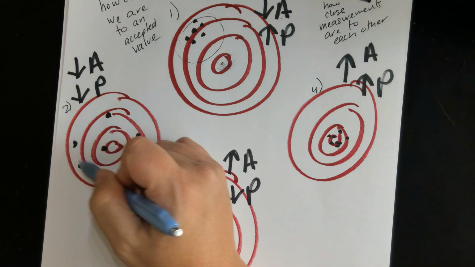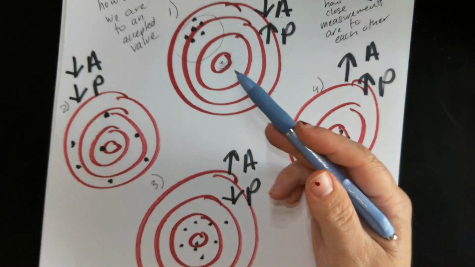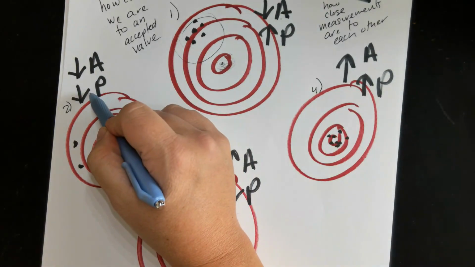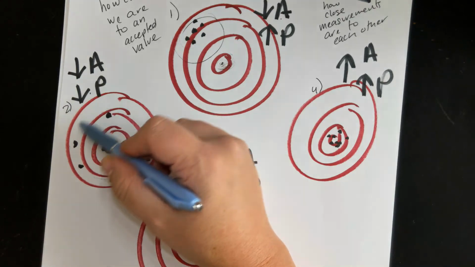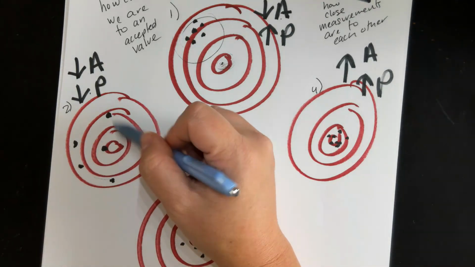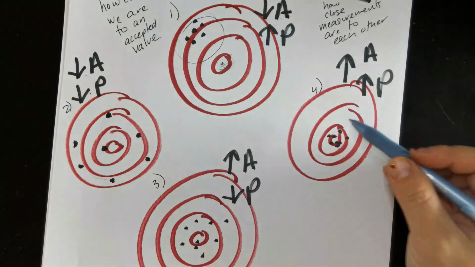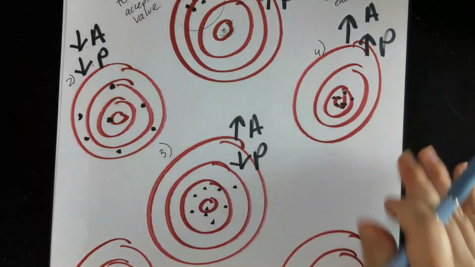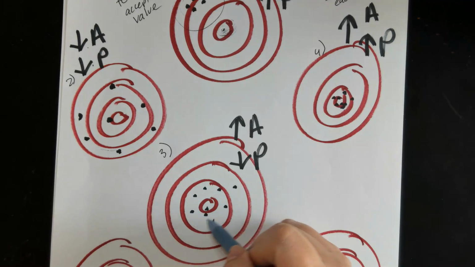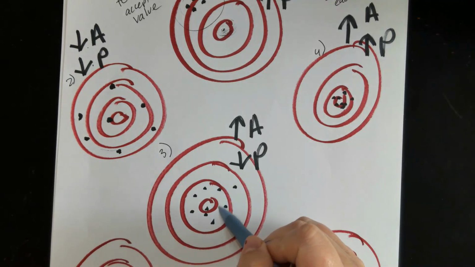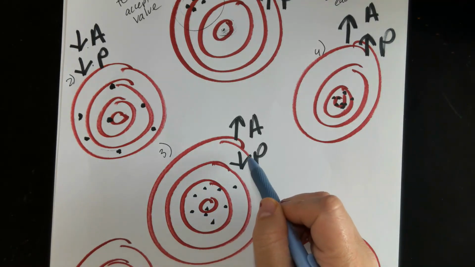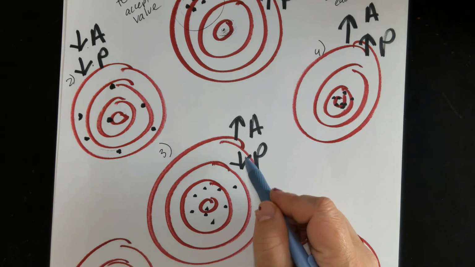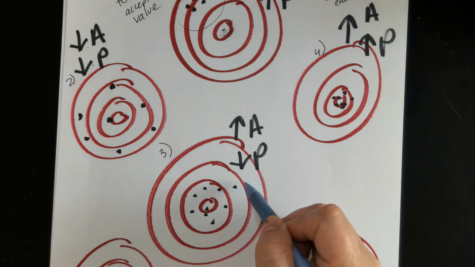Okay, let's look at number 2. These are scattered all over the place. They're not bunched up or close together, so low precision, and they're not all consistently by the bullseye, so low accuracy. Okay, look at number 3. These are all fairly close to the center of the dartboard, so they're fairly accurate, but the precision is a little off because we have some outliers here.